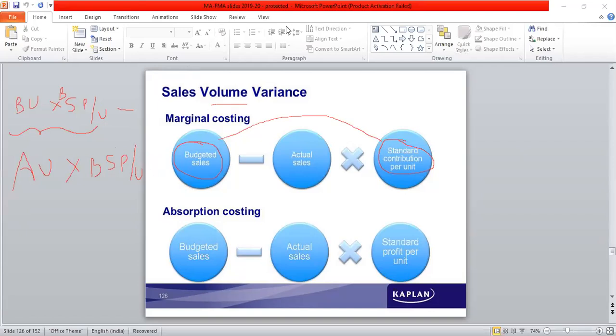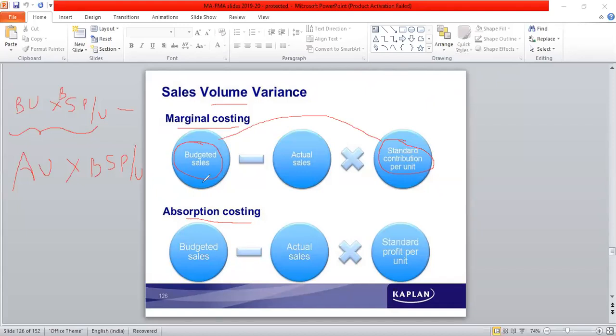But there are again two different things which are mentioned: one about marginal costing, another about absorption costing. Do you remember the point of difference between marginal costing and absorption costing? The difference was how the ending inventory was valued. At the time of valuing ending inventory, under absorption costing, no distinction was made, so the total amount of cost was proportionately charged.